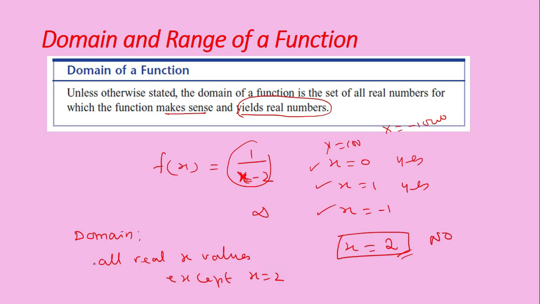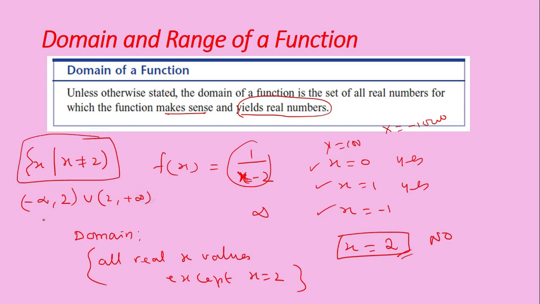If I want to write the answer in set builder form, it is the set of all x such that x not equal to 2. If I want to write in interval notation, it is minus infinity to 2 open interval union 2 to positive infinity. So these all are the domains of this function.